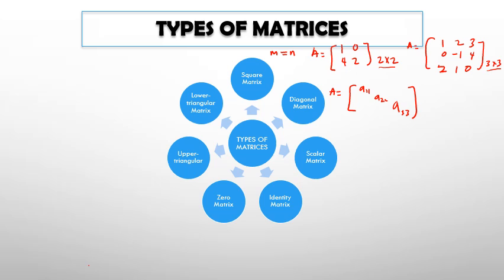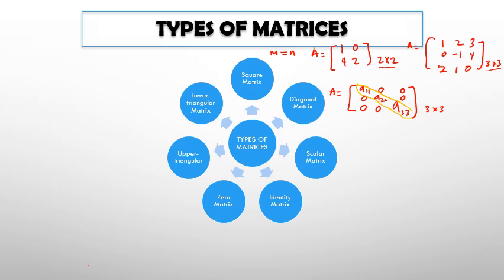The rest will be 0. So this is 3 by 3, and this is called a diagonal matrix. The elements inside here can be any non-zero number.